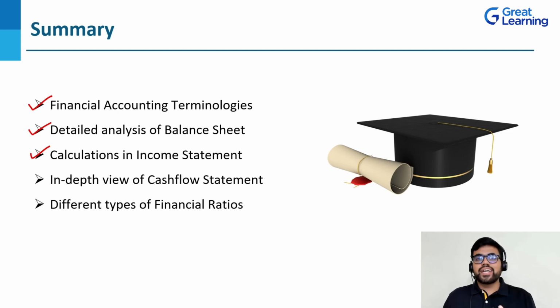Then we had an in-depth view of what a cash flow statement is, and what the different headings and components of a cash flow statement are. Then we got to know about the different financial ratios that help us in recognizing a good company and a bad company in their performance. Hope this course was really useful and helpful for you to gain good insights in the financial world.